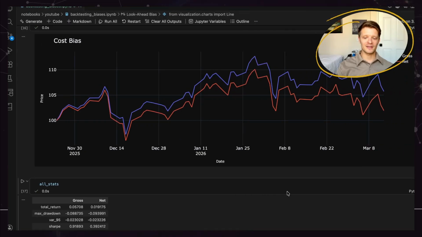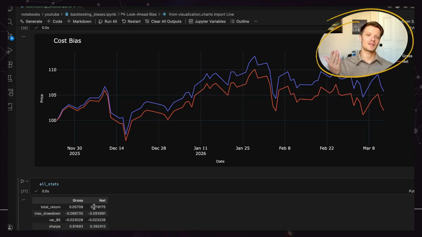Looking at our signal, we can compare the gross versus net strategy returns. In gross returns, our strategy looks very good. It returned more than 5.5% in our 5-month backtest. If we account for trading costs, our strategy all of a sudden only returns 2%. That's a huge swing.